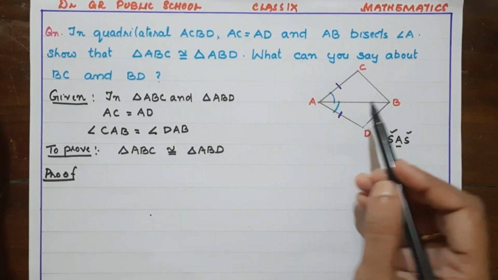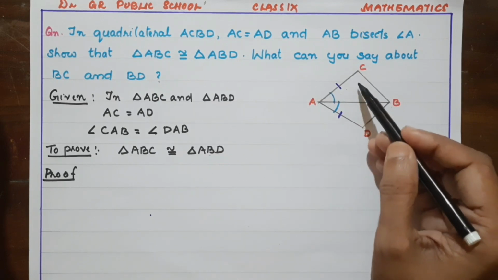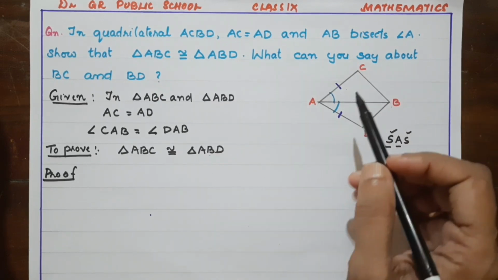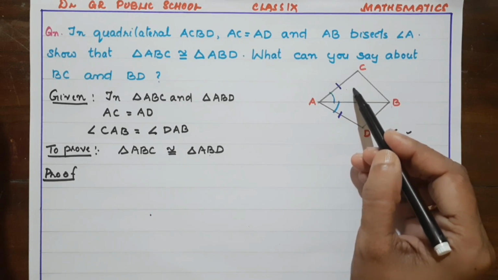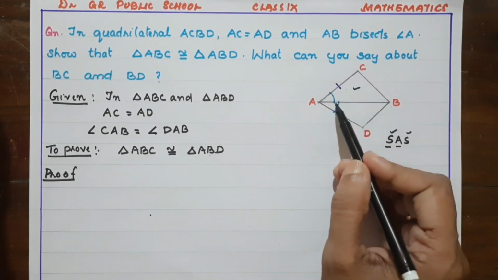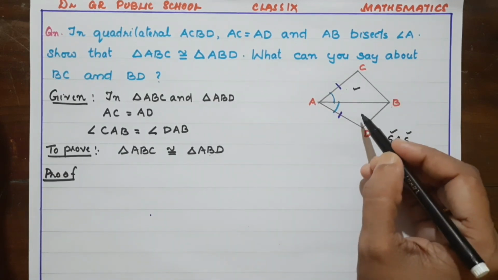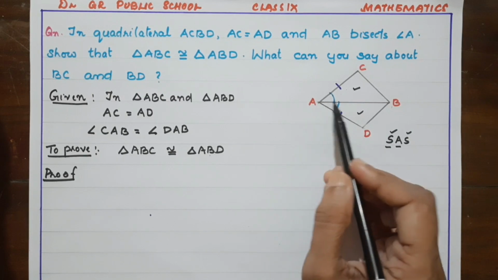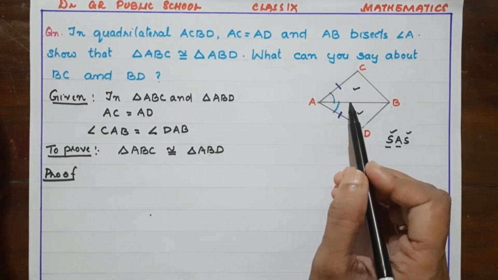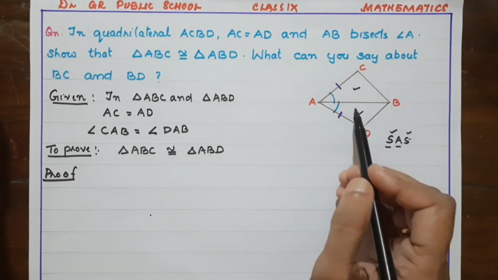So can we say AB is equal for both these triangles? When we consider this triangle, we need this AB to show the third equality, and for the other triangle also we need the same side AB.